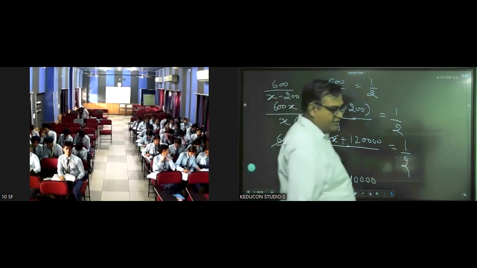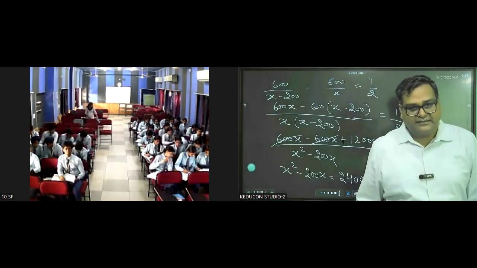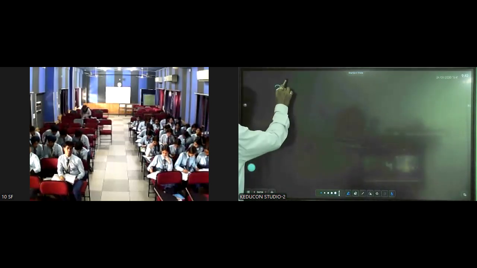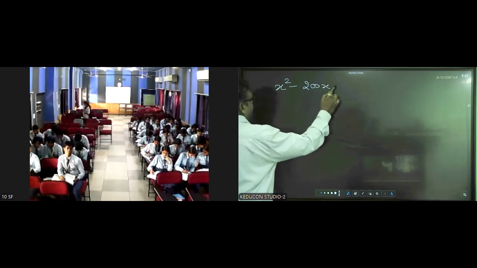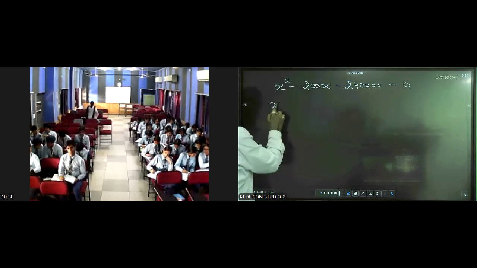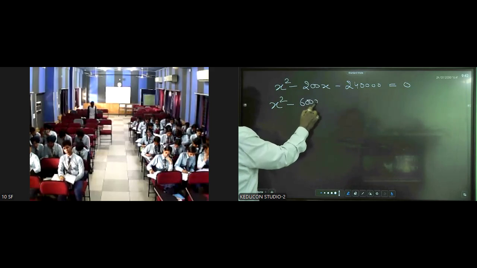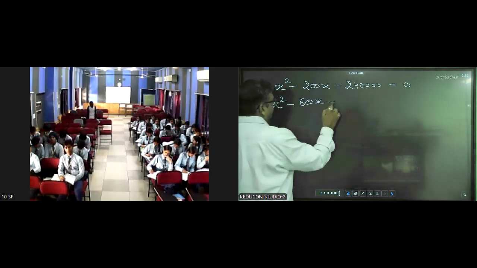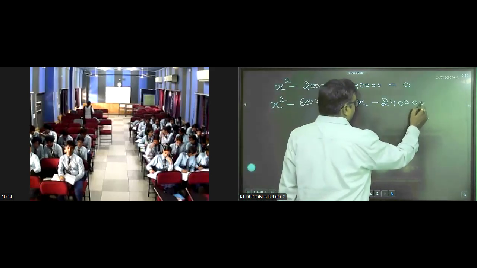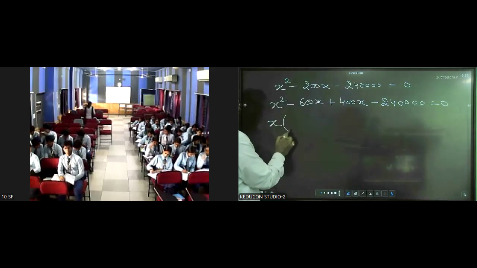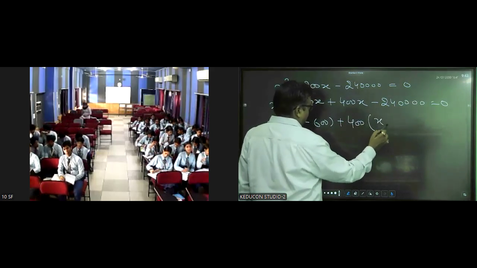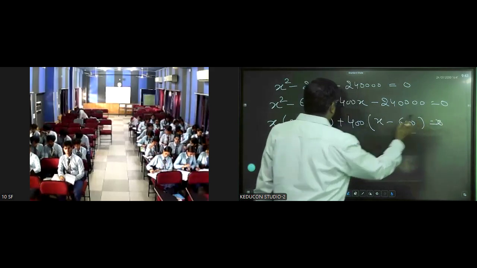You can solve this equation, you will get the answer. Right? इसके फैक्टर्स क्या बनेंगे बेटा? इसके फैक्टर बन जाएंगे 600 and 400. Right? x minus 600 plus... तो x की वैल्यू आ जाएगी.